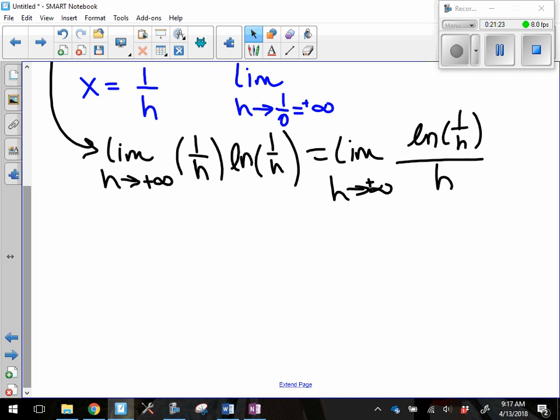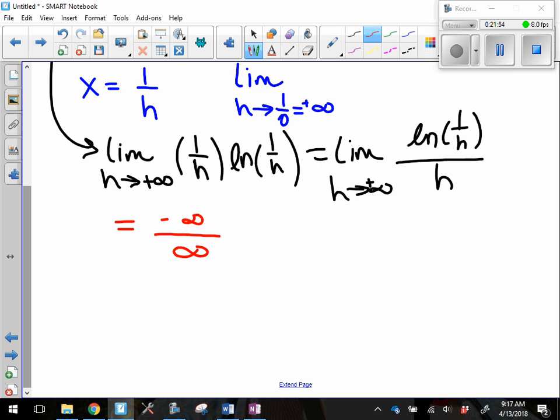So I've come to a limit. What do I do? Plug in. So the denominator is pretty easy because I get infinity. What about the numerator? What do I get? Yeah, negative infinity actually.